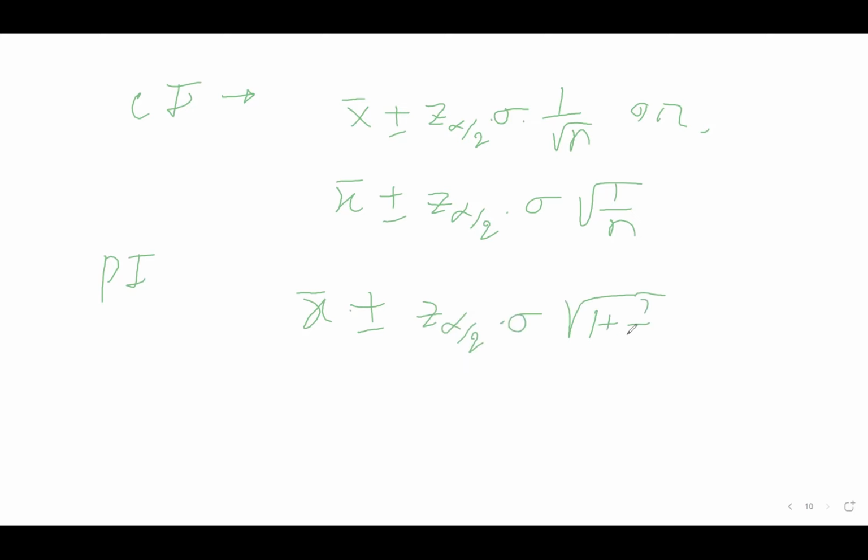I'm using z for both cases; it could also be t. So which interval is wider? First compare square root of 1 over n and square root of 1 plus 1 over n.